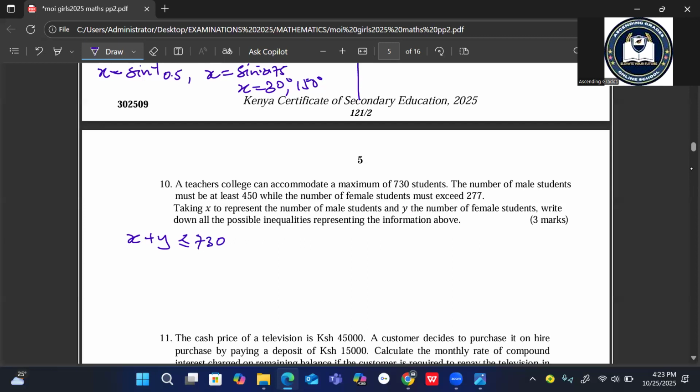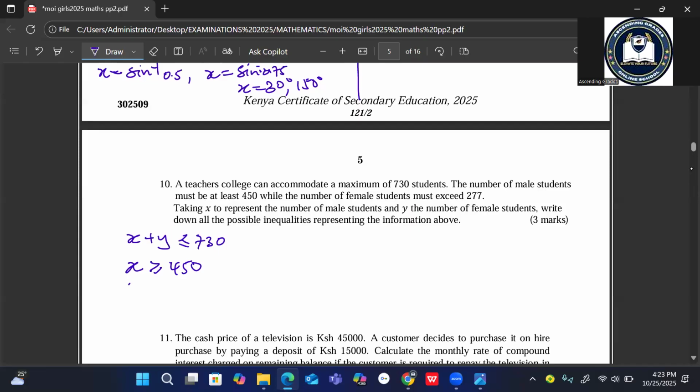Then they are saying male students must be at least 450. That means male is x, so x must be 450 or more. So we shall have x greater than or equal to 450. And then lastly, female students must exceed 277.